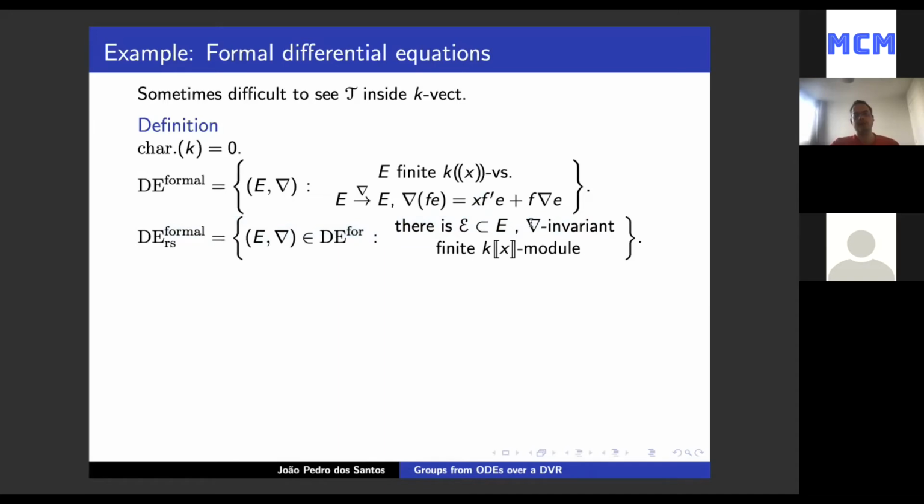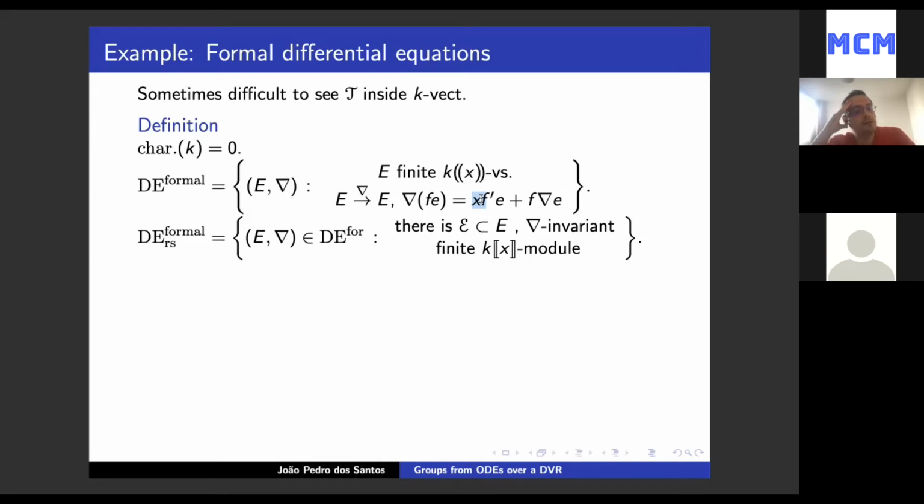Why is nabla invariance good? It's because I fixed this derivation here to be x d/dx. So these are the formal regular singular. And if you ask me right at the start, this category looks very nice. It has a tensor product. You easily define duals and things like that.